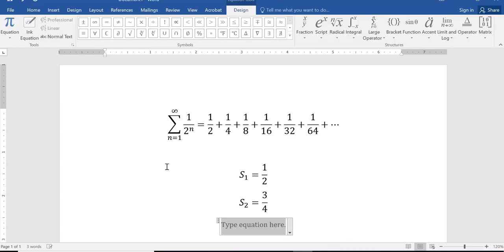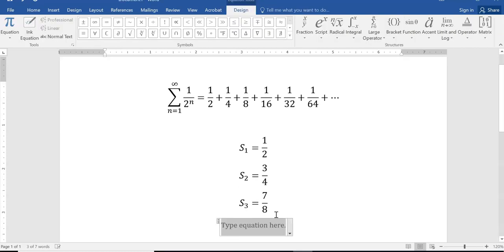S3 is 1 half plus 1 fourth plus 1 eighth, or you could think of 3 fourths plus an eighth, which is 7 eighths. Then you start seeing a pattern around S4 and S5. The fourth partial sum: take the first three, which is 7 eighths, and add a sixteenth. That is going to be 15 over 16.